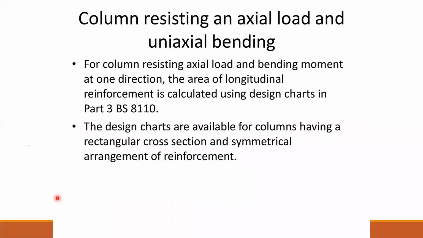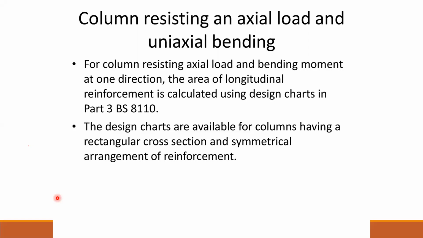Column resisting an axial load and uniaxial bending. For the column resisting axial loads and bending moment in one direction, the area of the longitudinal reinforcement is calculated using the design charts in Part 3 of BS 8110. That has been given in your block number 2 supplementary document, which I'm going to share with you in PDF version as well.